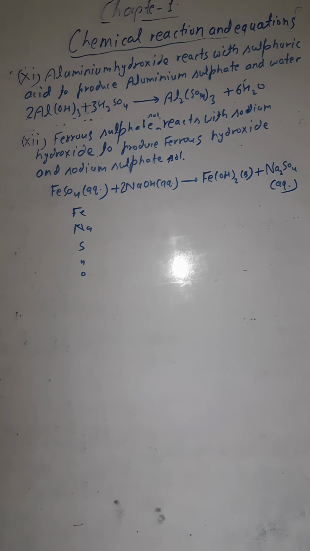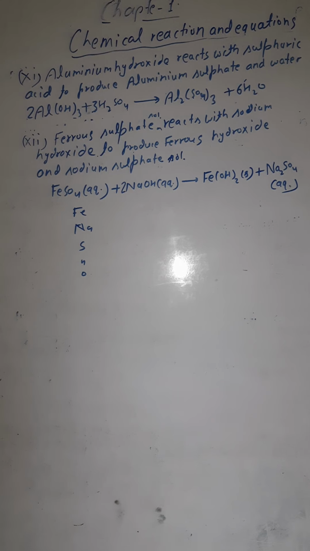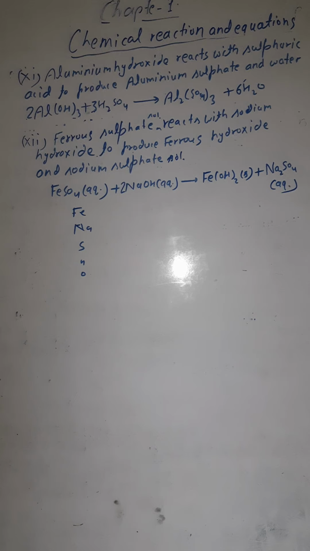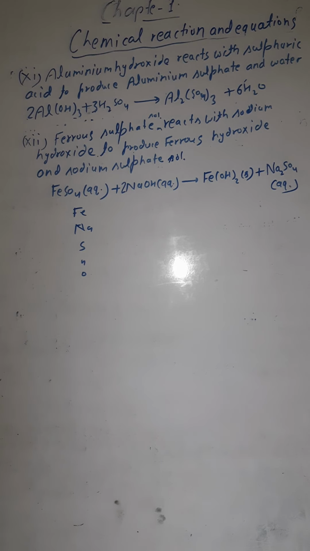So this was the last part related to how to balance the chemical equation. So I think 50 or 60 chemical equations we have done here, which we have balanced. I told you to write the chemical formulae of all the compounds which I am telling, like aluminum hydroxide, ferrous hydroxide, potassium chlorate, potassium nitrite, potassium nitrate, aluminum sulfate, sodium hydroxide, ferrous sulfate, sodium sulfate, sulphuric acid, hydrochloric acid.